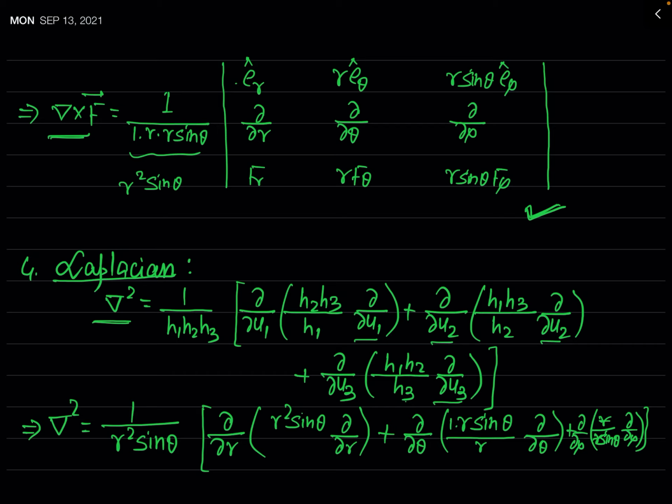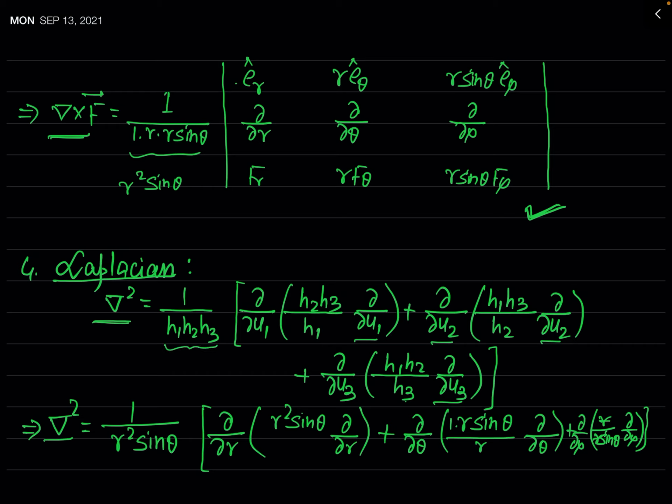Now you can think what we have to do here. If you want to find the expression for this Laplacian in a spherical polar coordinate system, again we will do the same thing. Put the values of h1, h2, h3, and you know h1 is 1, h2 is r, h3 is r sine theta.